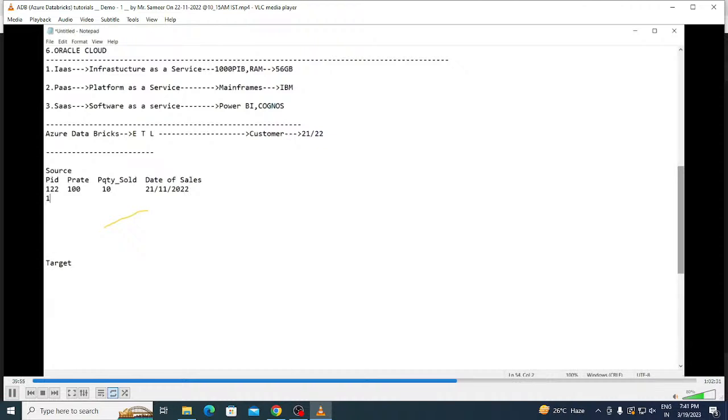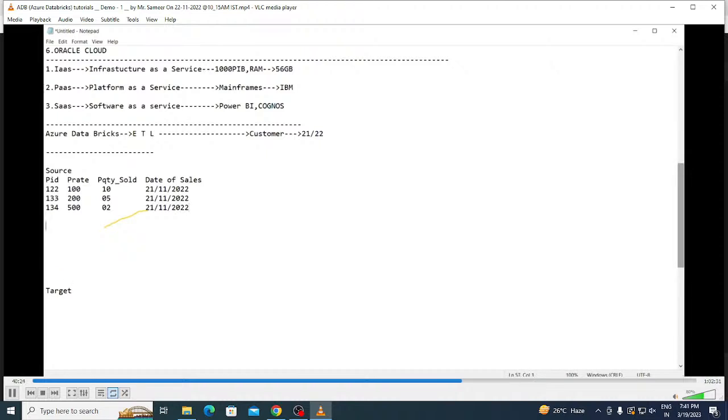And then another with rate 500, quantity 02, date 21/11/2022.